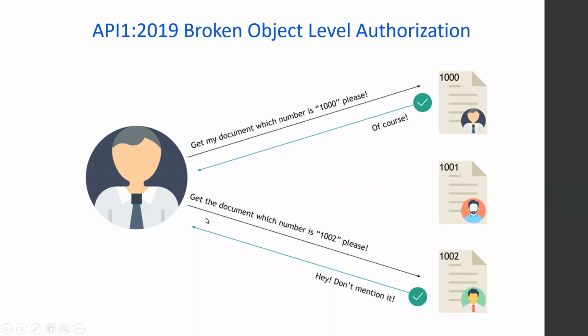And then the attacker says get the document number 1002. So another object's data is being read, which clearly describes the vulnerability: broken object level authorization is being allowed.